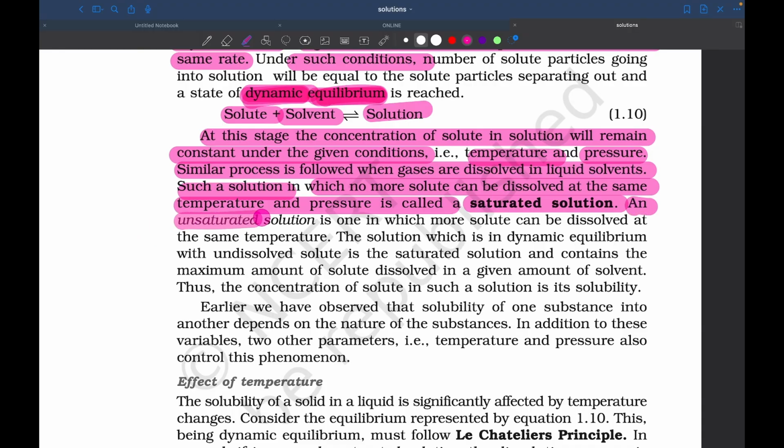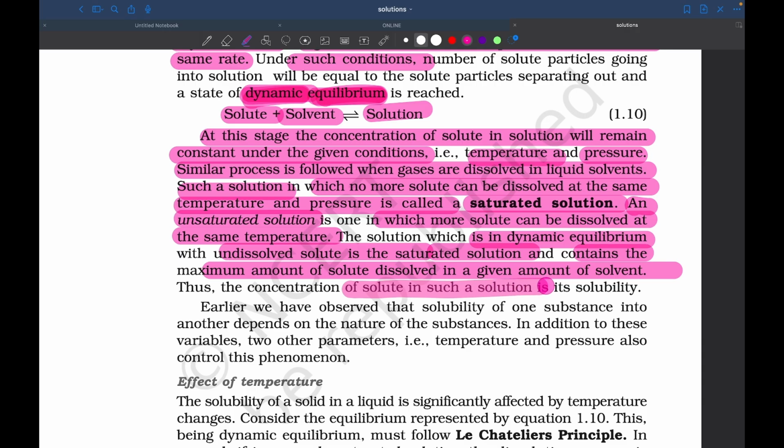An unsaturated solution is one in which more solute can be dissolved at the same temperature. A saturated solution is in dynamic equilibrium with undissolved solute and contains the maximum amount of solute dissolved in the given amount of solvent. The concentration of solute in such a solution is called solubility.